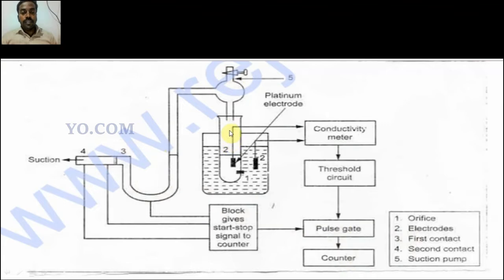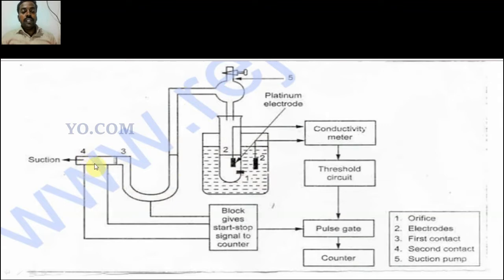This pump sucks the air in this way. At that time the solution flows through the small hole to this glass tube. During suction, the mercury flows to 3, the first contact, and also flows to 4, the second contact.